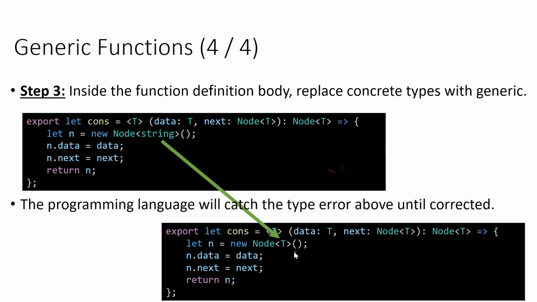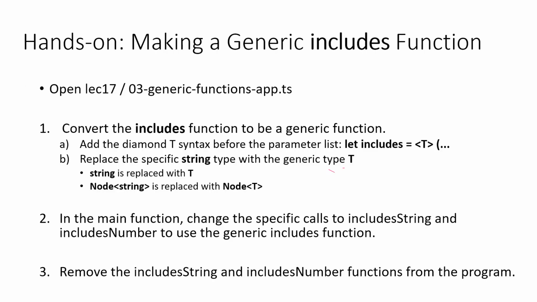Right? What I want you to try doing next is opening up the O3 generic functions app in today's lecture materials. Your goal is to convert the includes function to be a generic function. And you're going to do this following those steps that we previewed on the earlier slides. You're going to add the diamond T syntax just before your parameter list. You're going to replace the specific string type with the generic type T anywhere you were using string in the definition of the includes function.